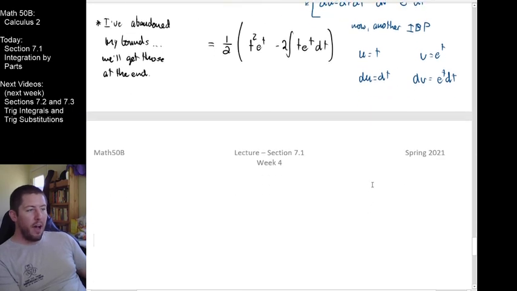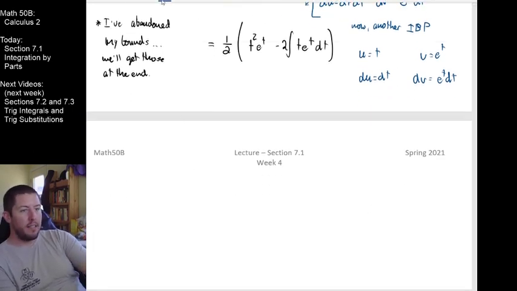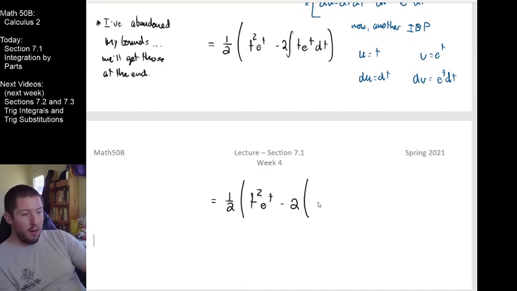And it seems now like we're going to land here at, now we can go ahead and get maybe our last statement right here. So 1/2 times t squared e to the t minus 2. Now I'm opening up a whole new integration by parts, right? This is an integral, and now I'm going to get my uv minus integral v du again.